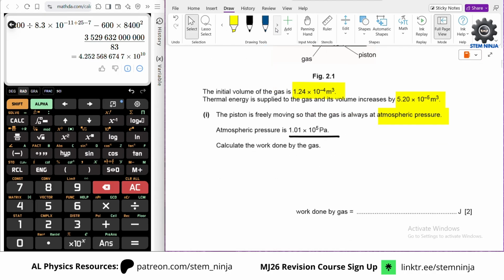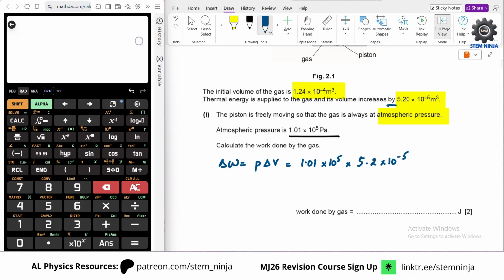So if the pressure is constant, the work done by the gas would be P delta V. The pressure is 1.01 × 10^5, and the change in volume is 5.2 × 10^-5, since it increases by this.